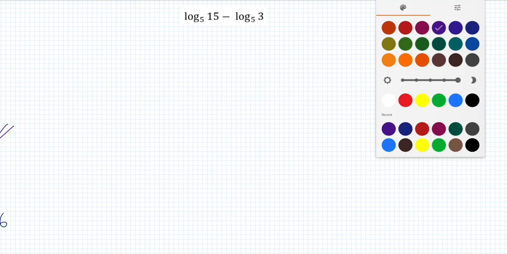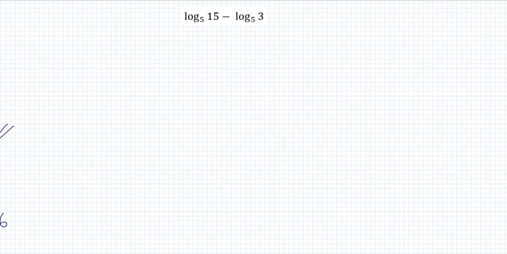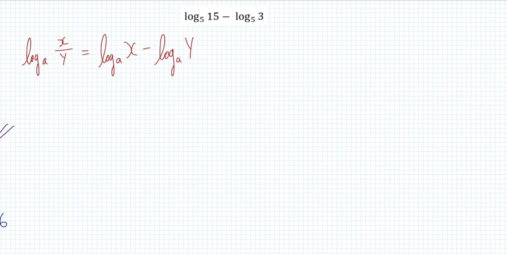We have log base 5 of 15, minus log base 5 of 3. So with this rule, it's similar, but not quite the same. The log rule states that log base A of x over y is equal to log base A x minus log base A y.